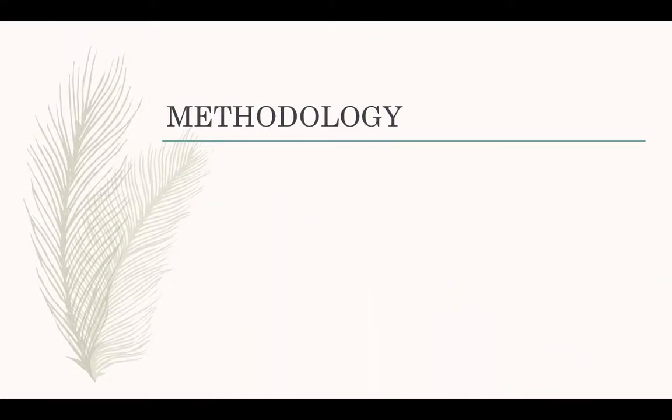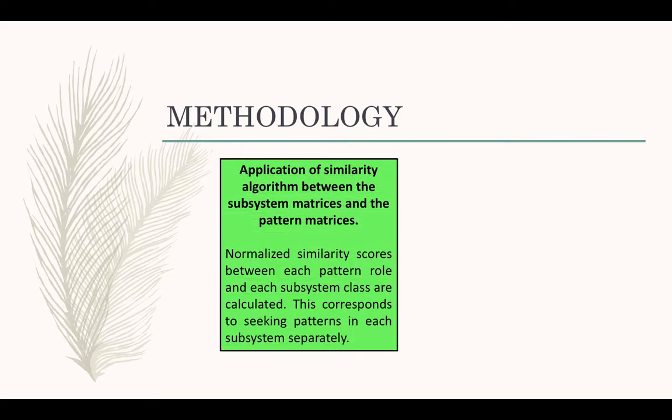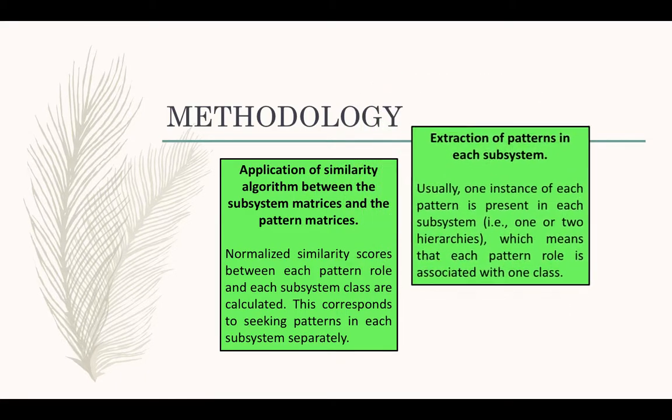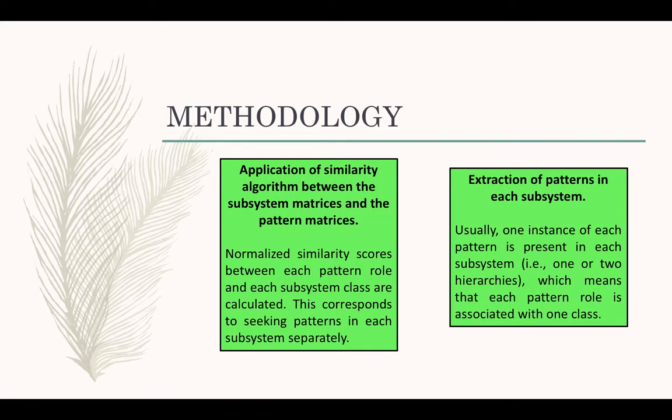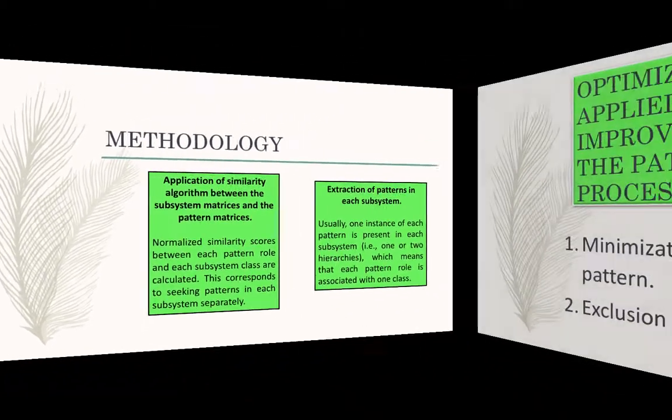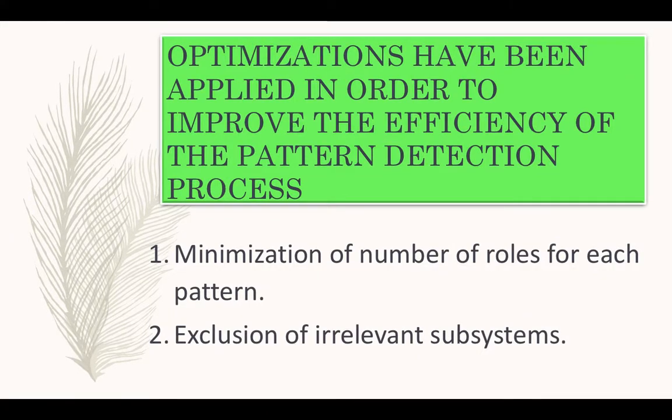The next step is application of the similarity algorithm between subsystem matrix and pattern matrix, where normalized similarity scores between each pattern role and each subsystem class are calculated, and extraction of pattern in each subsystem. Usually one instance of the pattern is present in each subsystem. Optimizations have been applied in order to improve the efficiency of the pattern detection process: minimization of the number of roles for each pattern, and exclusion of irrelevant subsystems.